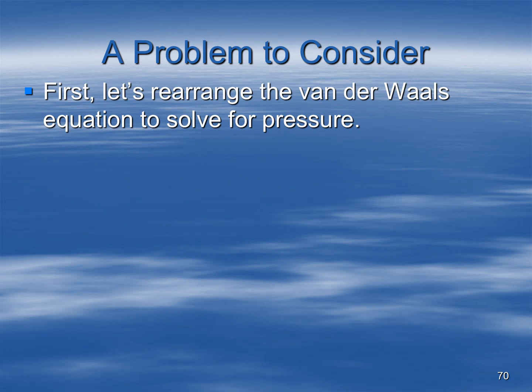Okay, so there's a couple of different ways to do that. First, let's look at the original van der Waals equation: P plus n squared a over V squared, times the quantity V minus nb, equals nRT. And now we're trying to solve for P, so this could be kind of complicated. But of course, we know what n is, we know what a is, we know what V is, so it's not quite as complicated as it looks, and you could actually plug the numbers in first before rearranging the equation.